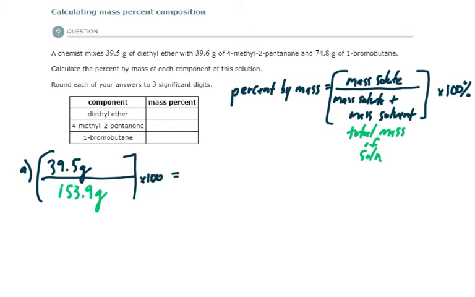So if I take 39.5 and divide it by 153.9, I get a decimal. But if I multiply that by 100, it comes out to 25.67%, and rounded to 3 significant digits, it's 25.7%.